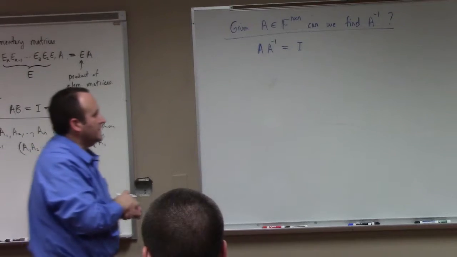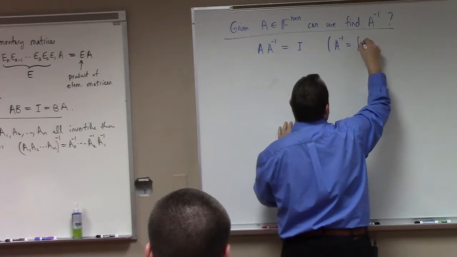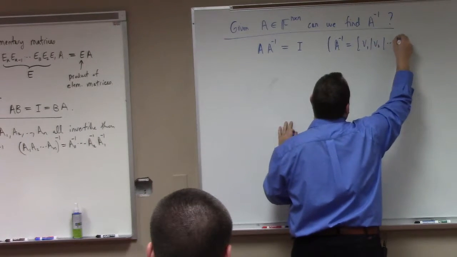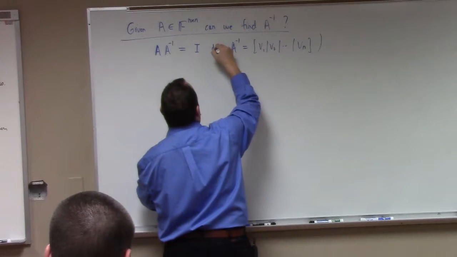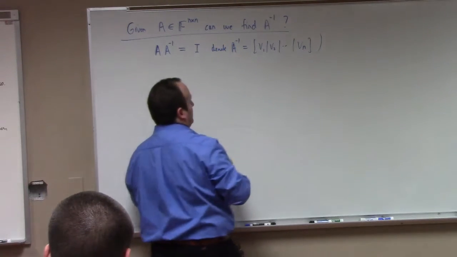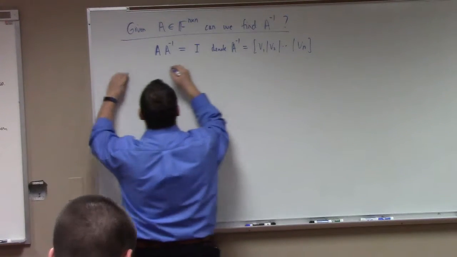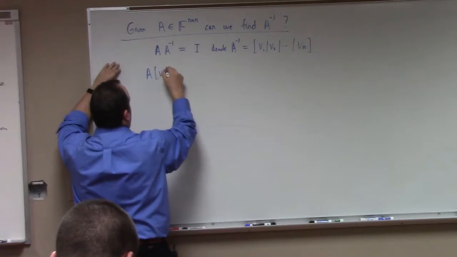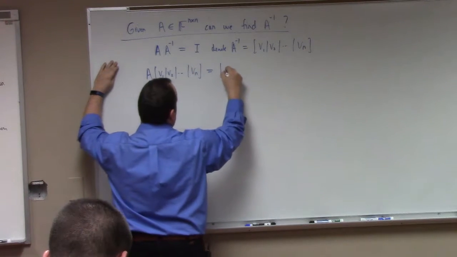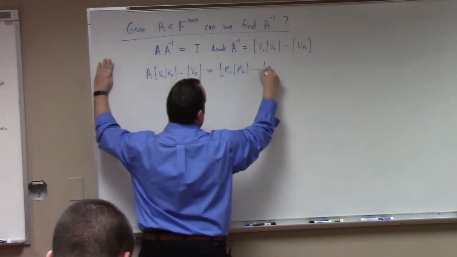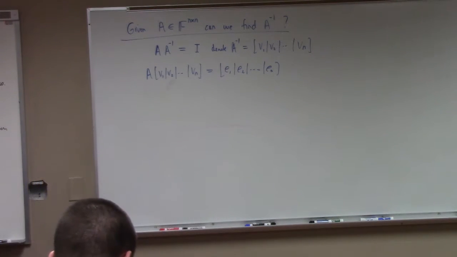Let's call the thing we don't know, A inverse, equal to V1, V2, Vn. Just to denote. Then what are we looking at? We're looking at A times V1, V2, Vn equal to E1, E2, En.